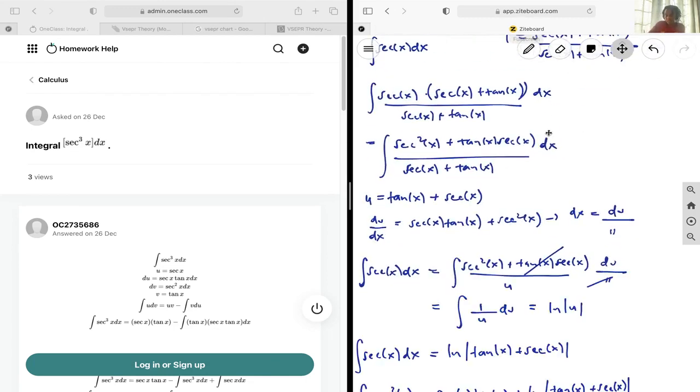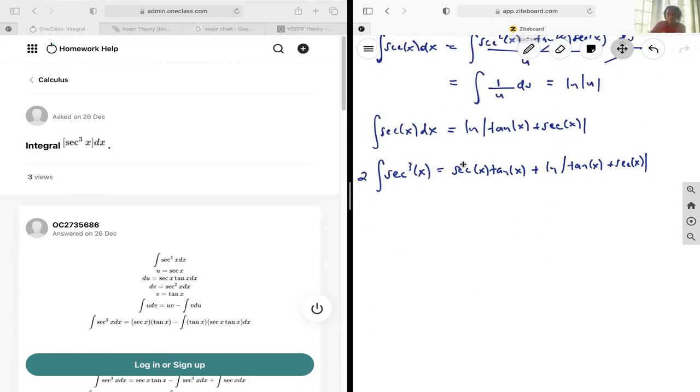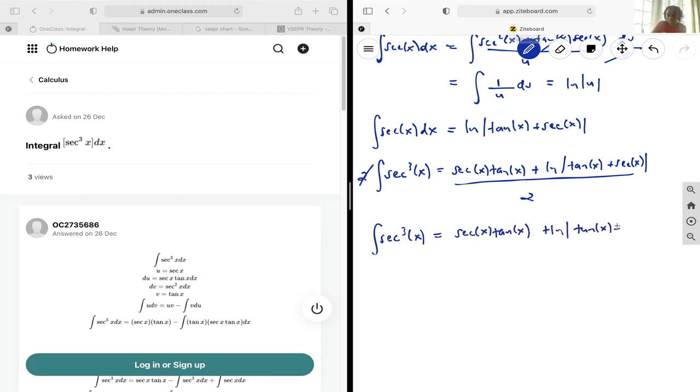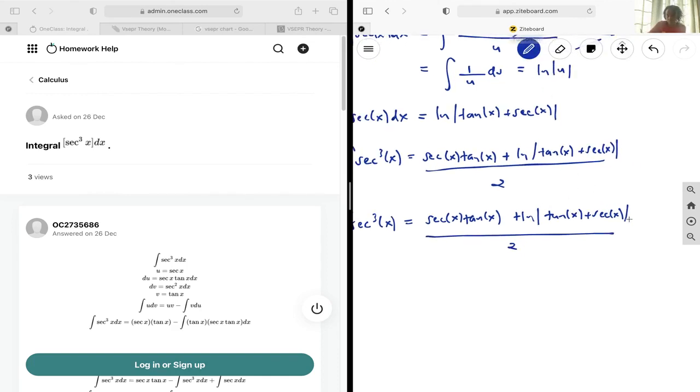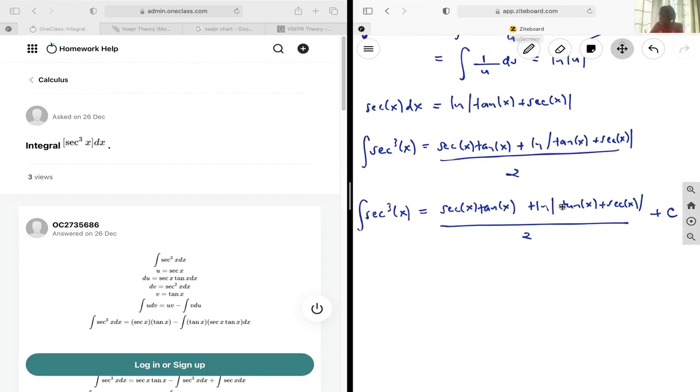And so let's add the plus c now. Actually, let's move over the 2 first, so over 2. And so we got the integral of secant cubed x is equal to secant x tan x plus the ln of the magnitude of tan x plus secant x all over 2. And then now is when we can add our plus c, because this is our final product. So plus c. And that is going to be our final answer.